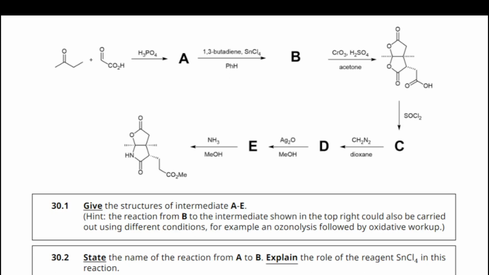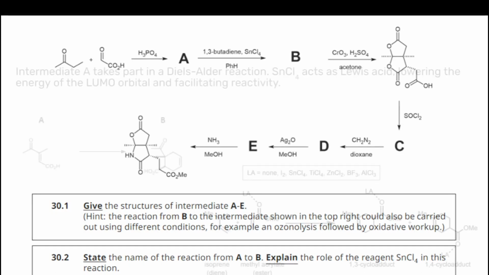Give the structure of intermediates from A to E. We're not going to do that, but we would like to focus on the very first steps here when we put two reagents together, and then there will be a pericyclic reaction from A to B. And we need to explain what the role of the reagent SnCl4 is. That is an advanced question because it's not really obvious what this tin chloride is.